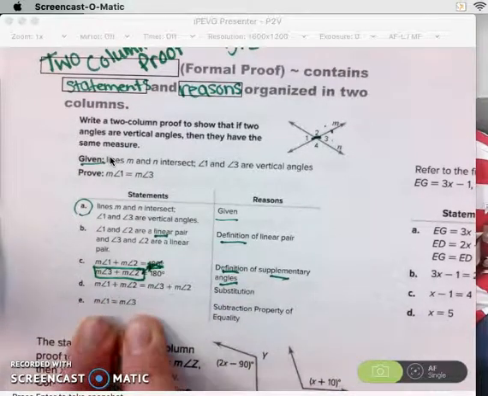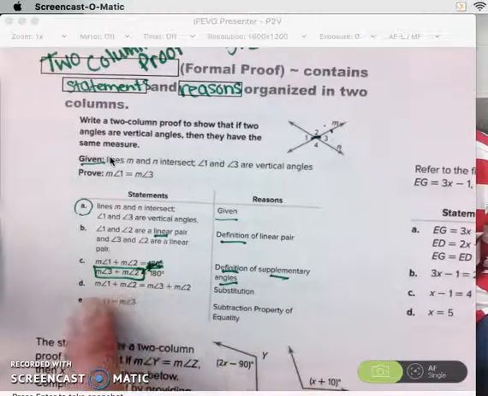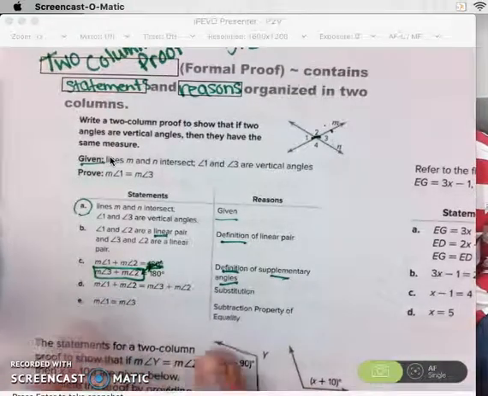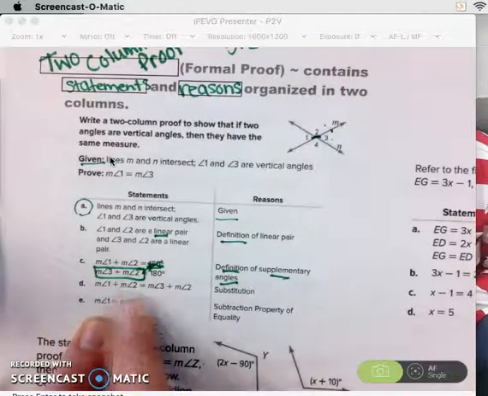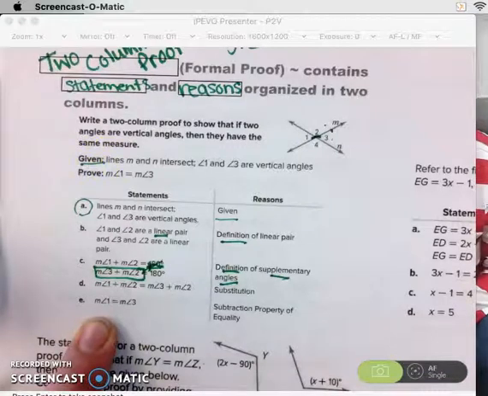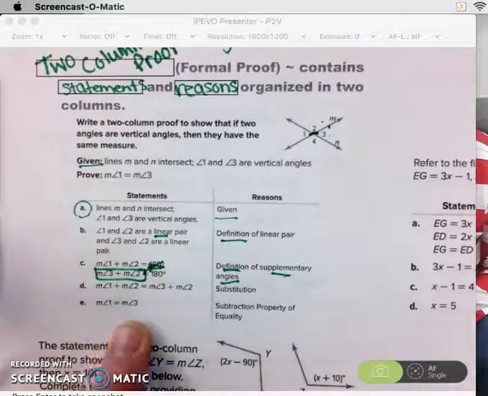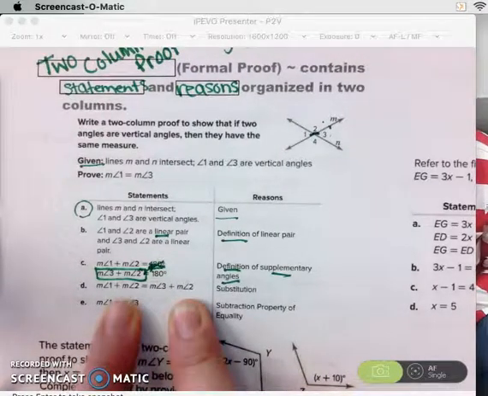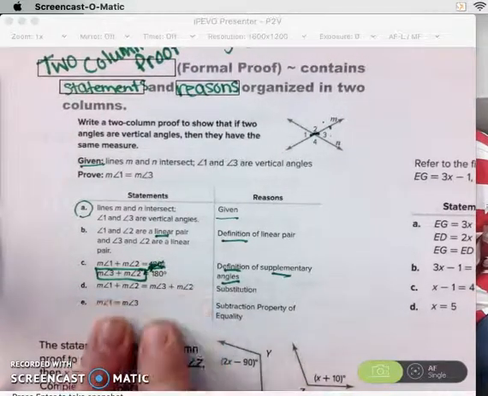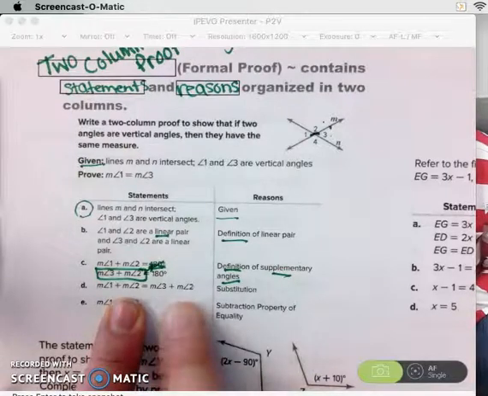Now, what's happening from this step to the next? Here I have 1 plus 2 equals 3 plus 2. Here I just have angle 1 is equal to the measure of angle 3. What is being taken off of this statement to this statement? The measure of angle 2.